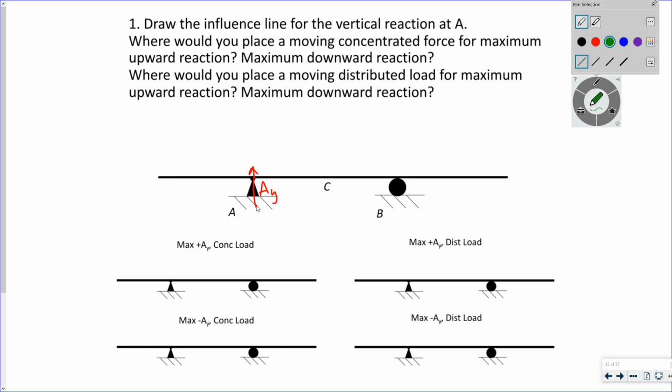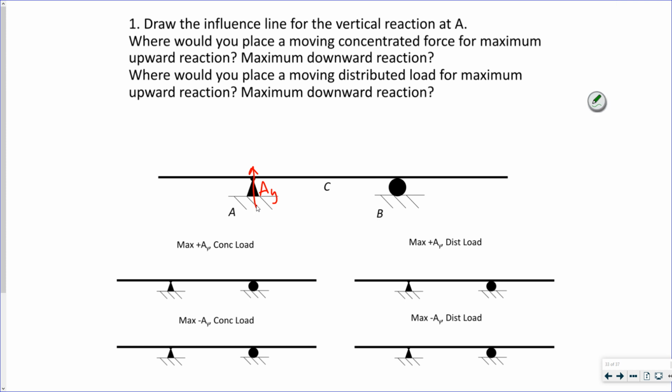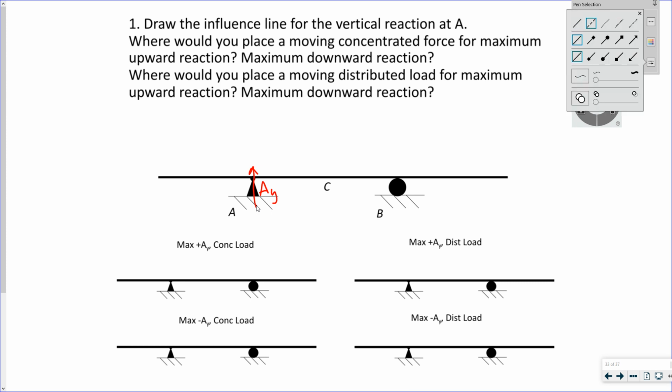And what would my displaced shape look like? It'd kind of be like seesawing over here. There's my influence line.